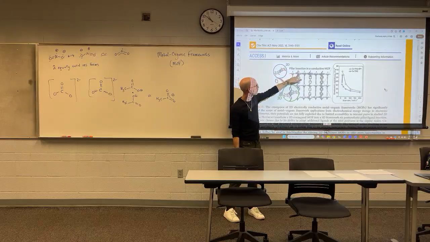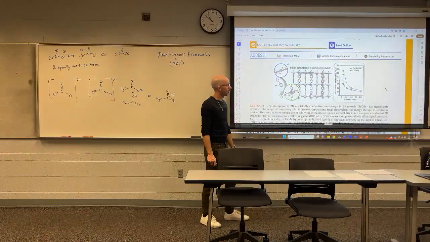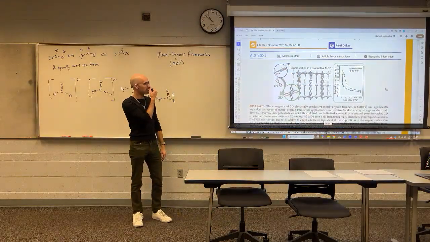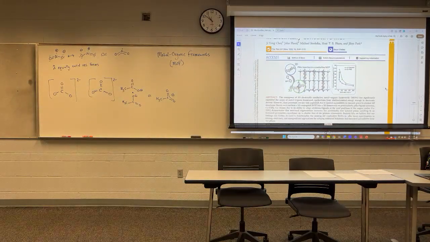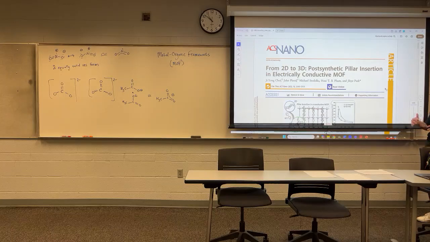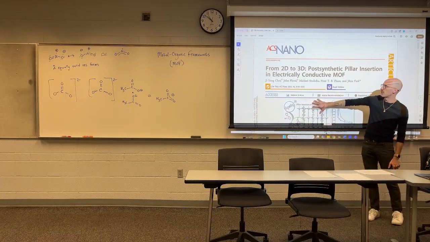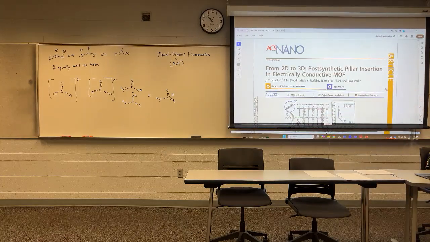I wanted to transform the geometry surrounding that copper. And so we titled this From 2D to 3D. We were taking a two-dimensional material and making it three-dimensional. Specifically, Dr. Park is interested in electrically conductive MOFs.